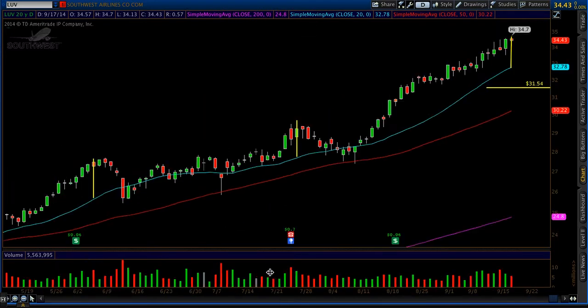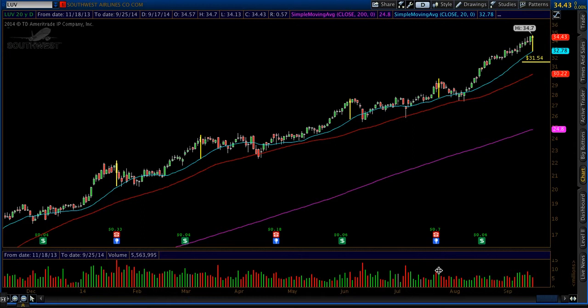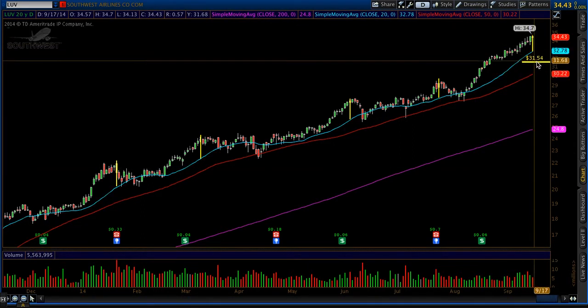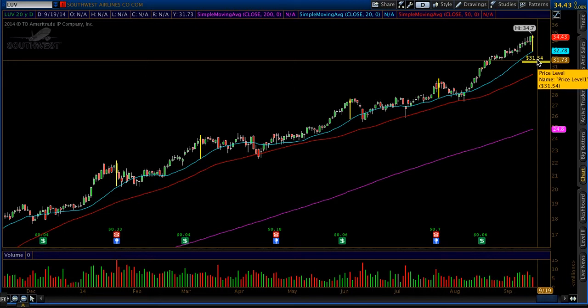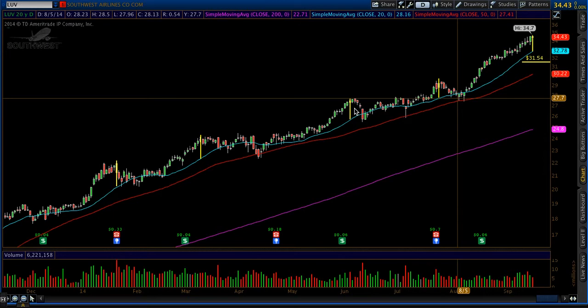So in my opinion, I have been calling for this to pull back. I think this should pull back at least to the 20-day moving average. My target is 31.54. So that's why I think this should pull back.